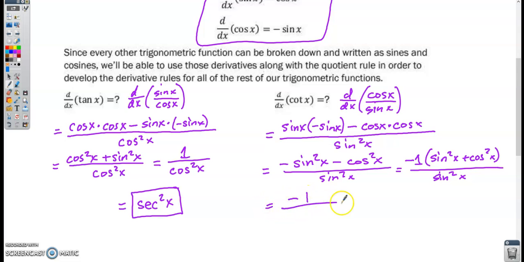And so this simplifies to negative 1 over sine squared of x. And 1 over sine of x is the cosecant, and so this is equal to negative cosecant squared of x. Alright, 2 down, 2 to go.